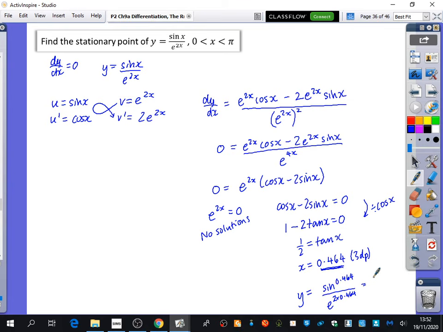And I believe you get the answer 0.177, meaning that the stationary point is 0.464, 0.177. And whilst you're writing that down, I'm going to go on to Desmos and show you that that is the case.